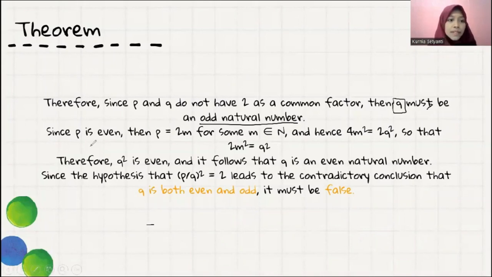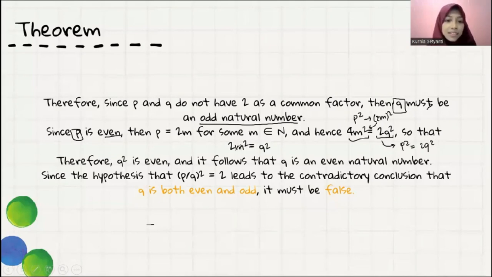And then since p is even, p can be written as 2m for some m element of natural numbers. And hence we can write p squared as (2m) squared, and it's equal to 4m squared, and it will be equal to 2q squared. As the first equation, we have p squared equals 2q squared, right?